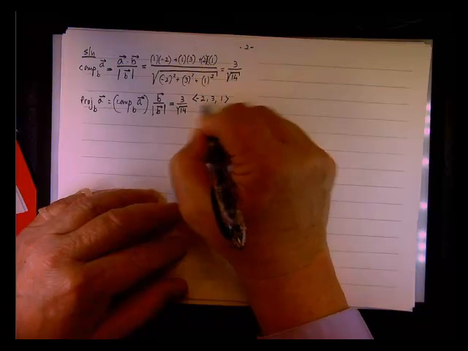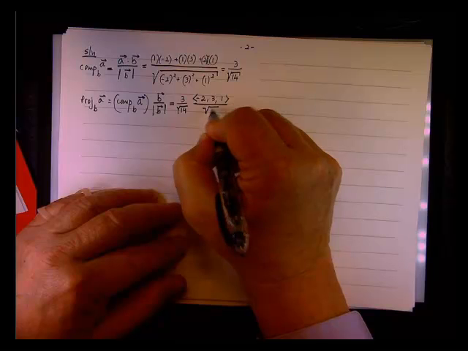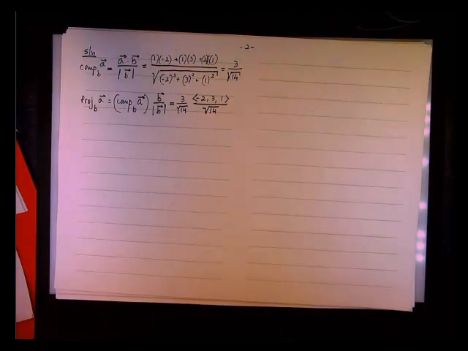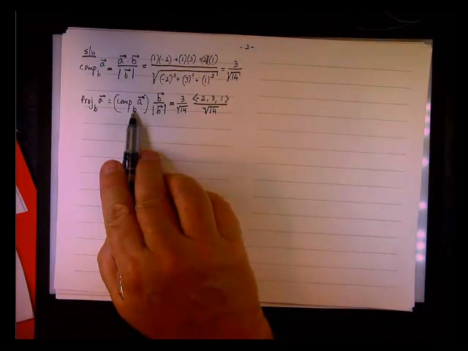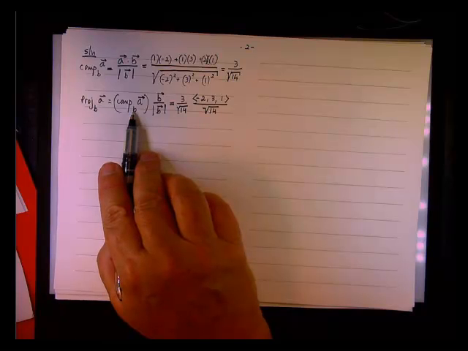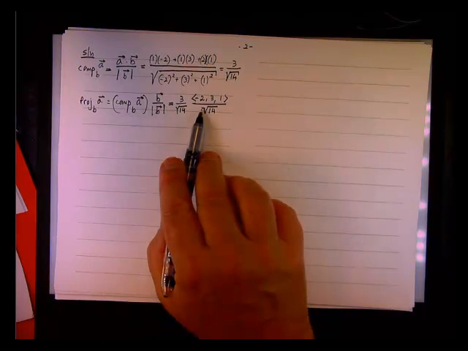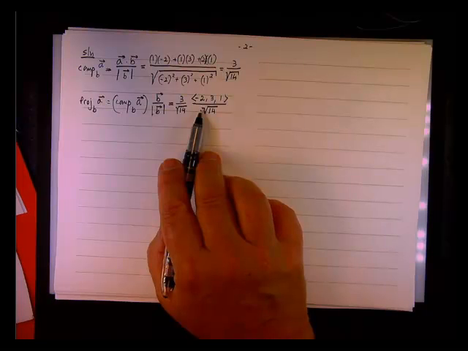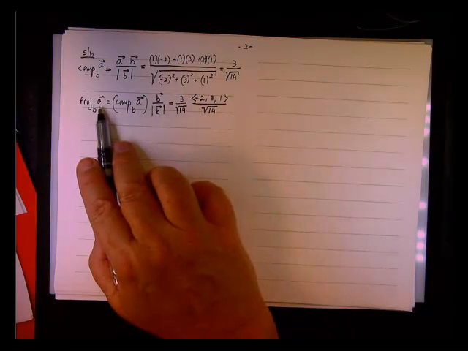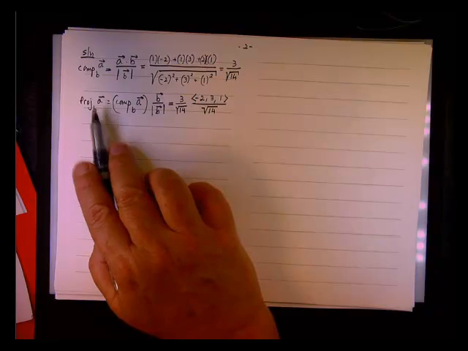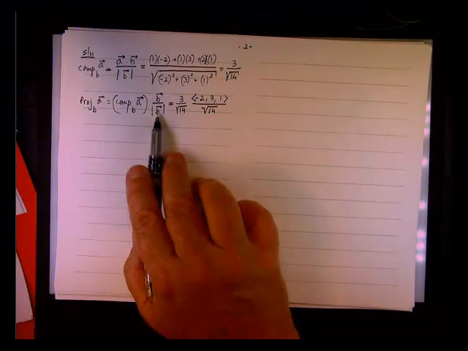So it will be, well, the magnitude of B is square root of 14, so it will be 3 over square root of 14, and then the unit vector will be -2, 3, and 1 divided by also square root of 14, like so.